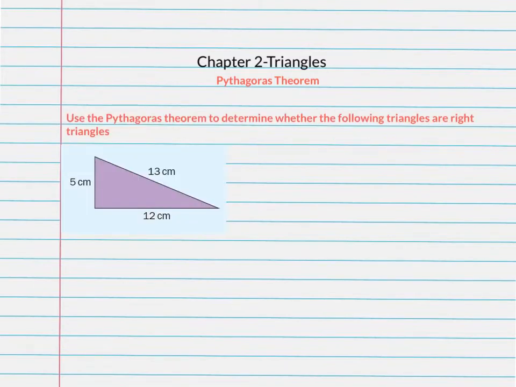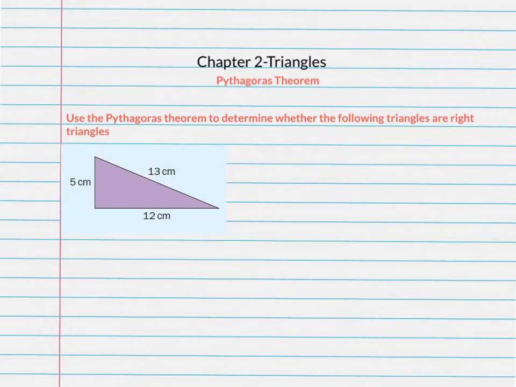Given the following example, use the Pythagoras theorem to determine whether the following triangles are right triangles. We are given a triangle with random side measurements, 13, 12, and 5 centimeters, and they're telling us, is this triangle a right triangle?